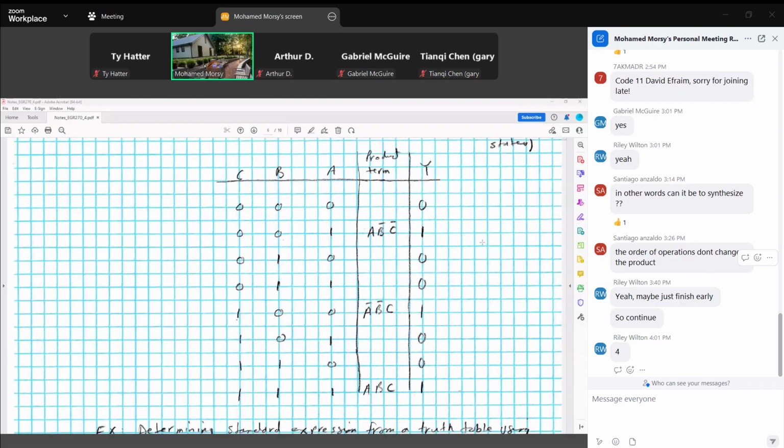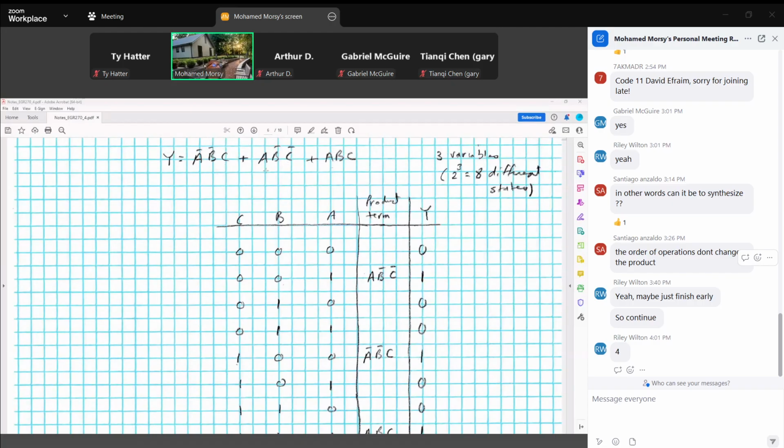Okay. Now we need to figure out these product terms. Where A inverted, B inverted, C, what do you think? A inverted, B inverted means, as this product term, is A 0 or 1? The product term is 1.